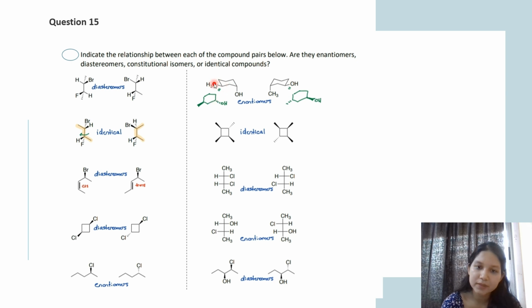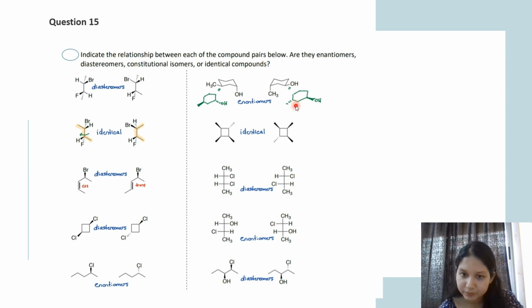For example, this equatorial methyl is above the plane of the cyclohexane, so it will be above the plane in the planar structure, and this axial hydroxyl will come below the plane. Hence, you have to convert both the molecules given in the pair to their planar geometries.